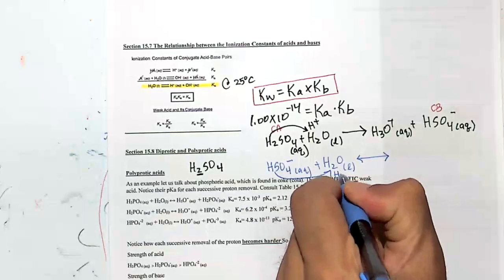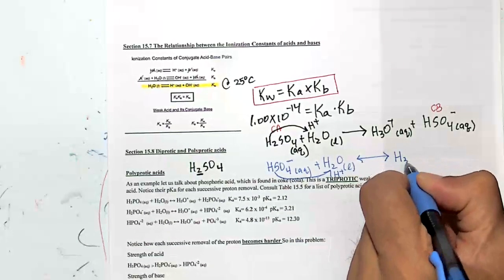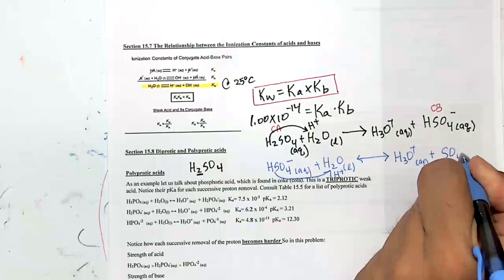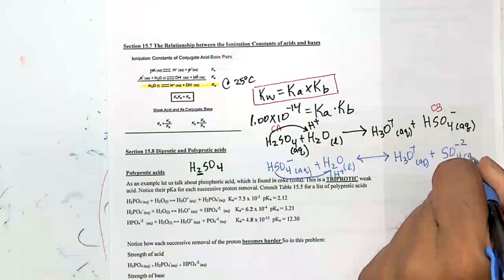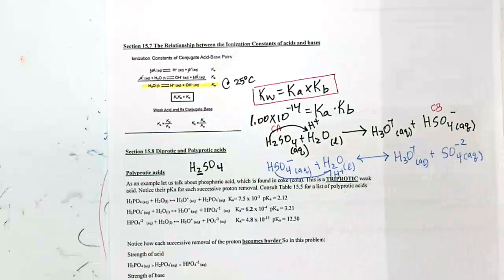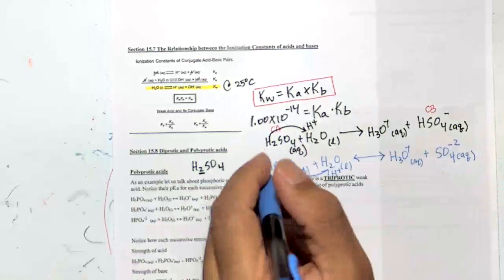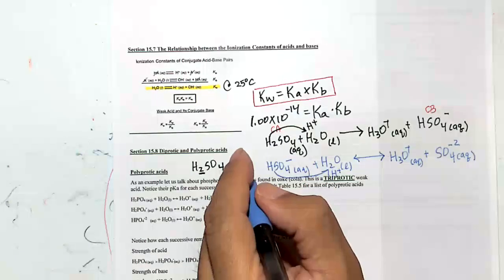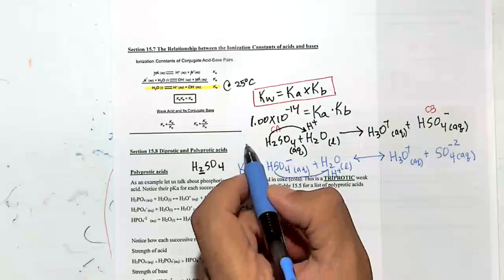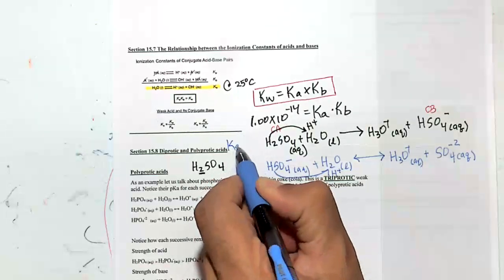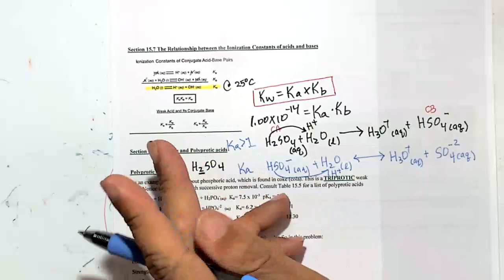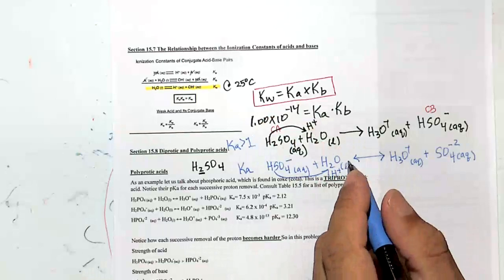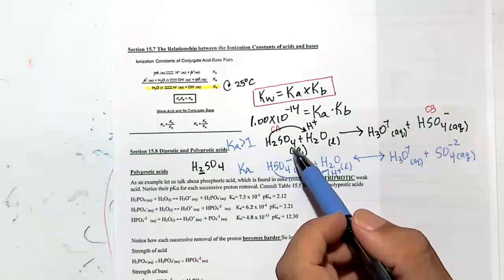This will give a proton here. And this time the conjugate base is sulfate, SO4 2-. So this is weak, okay? Look at my arrows, and this has a Ka. Whatever it is, you can look it up in your book, okay? But this is strong, and this has a Ka that's really, really large, so we just use it in one direction. Okay, this is an example of an acid that can give 2 protons.